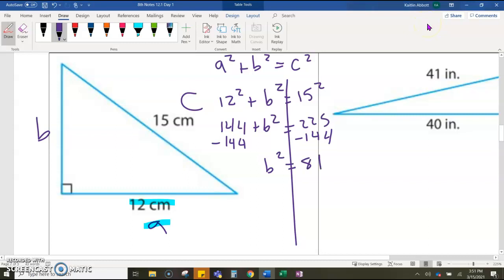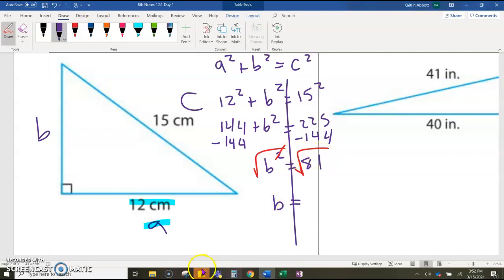Now, remember I told you what the square root does: it tries to find one number that, if you multiply it by itself, will get you that number. So I had a light bulb in my head. I think I know what the square root of 81 is, but just for the sake of it, let's do the square root. That gets rid of that 2 up there, so we are going to be left with B equals the square root of 81.